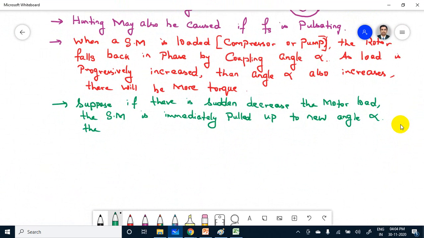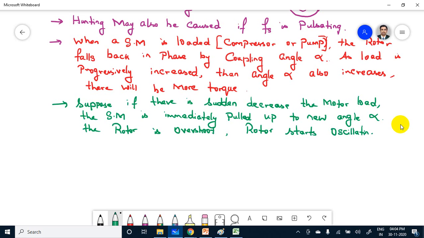Because of this, the rotor overshoots, and the rotor starts oscillating.